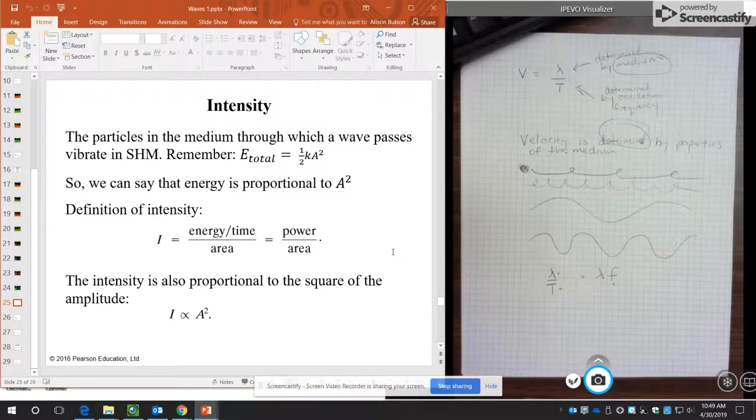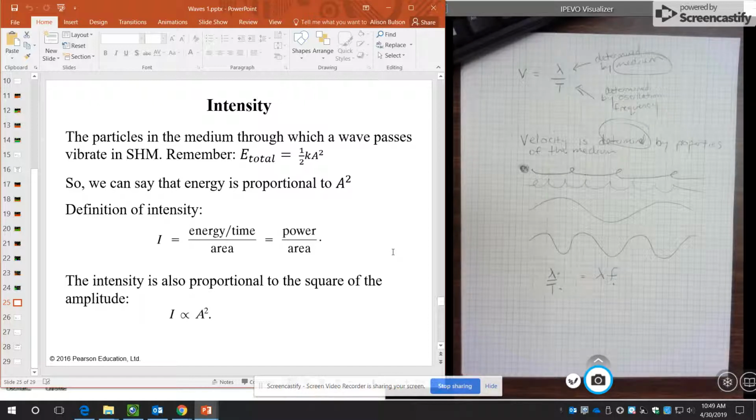It's not that simple for things other than masses on springs, but at least to some level, we can model energy as being proportional to amplitude squared. So then we define intensity, not energy, but intensity. And intensity is defined as power per area. So the power delivered by the passing wave, which is energy per time, divided by the area over which the passing wave is spread.